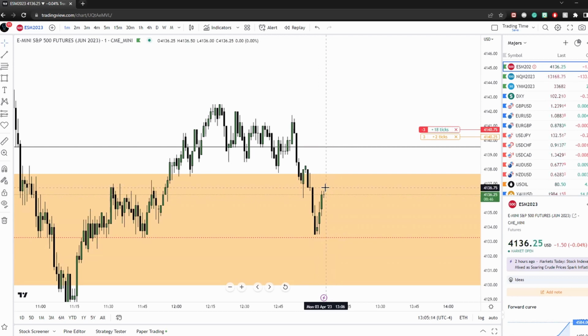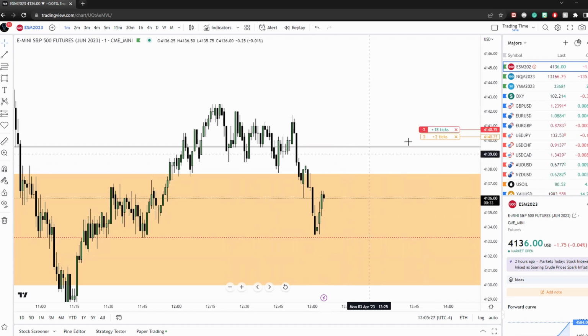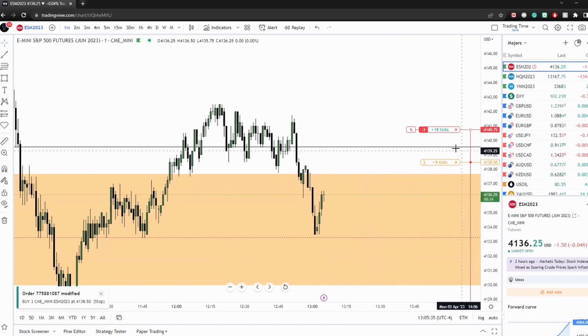That's kind of how I would look at it. I don't want to see this high taken out, because if it takes out this high, it might just come up and trade above these areas here. So with that being said, 41.38.50 right there. I do not want to see this high taken out. So put my stop there, right?